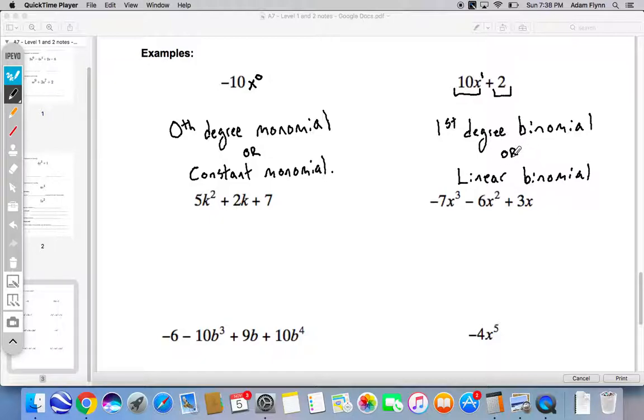So if we go down to this one, we have 5k squared plus 2k plus 7. We have 3 terms here, so we know it's a trinomial. If we take a look at our power, we have a squared there, we have 1 there, and we don't have anything there. So we could call this a second degree trinomial.